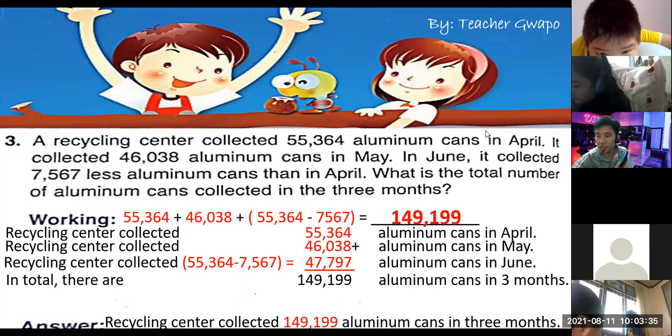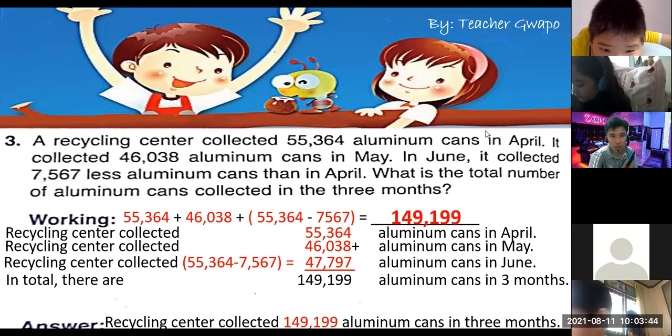So 40 questions, but the points that I will get there is only 20. 40 items with 20 points. So I will divide it by 2. Any questions? No more? Thank you.